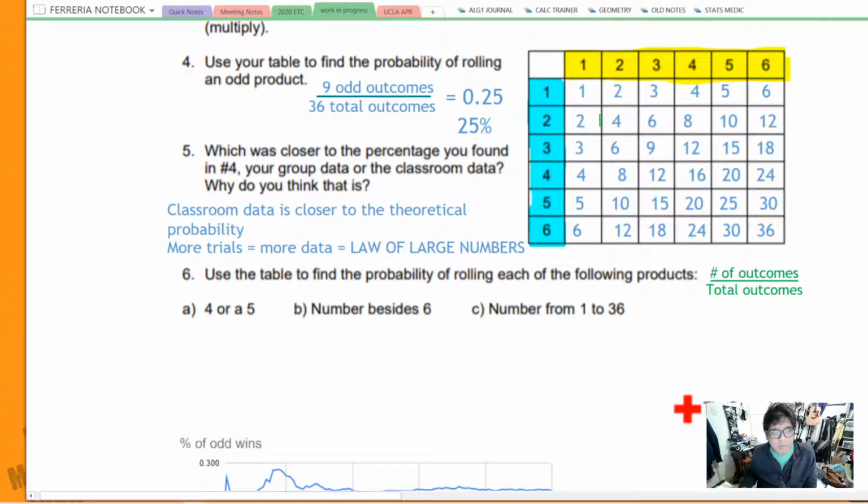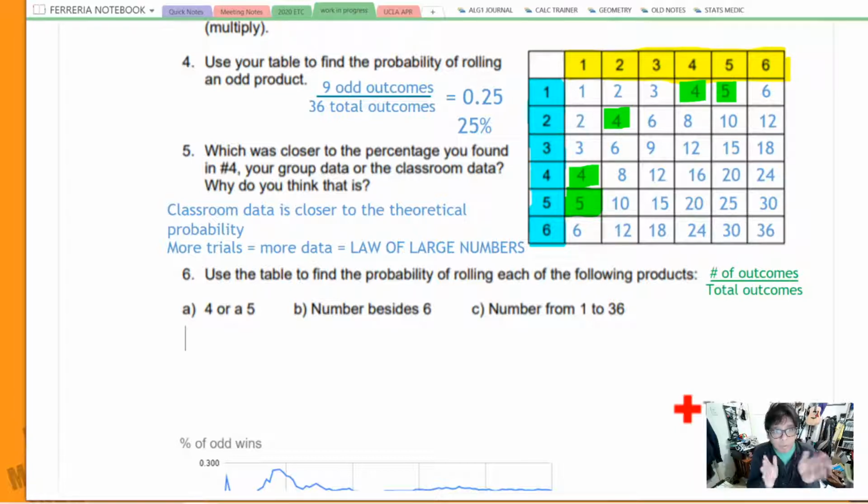Let's highlight how many times do we see a 4 or a 5. 1, 2, 3. Do you see any 4s or 5s? Oh, there's a couple of 4s and 5s. Do we see any other 5s? No, that's it. So there are only 5 different ways that we can get a 4 or a 5.